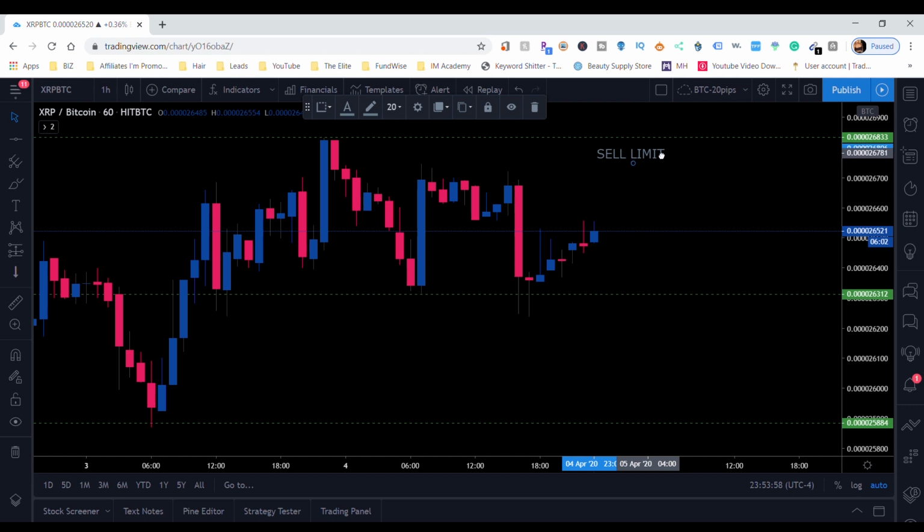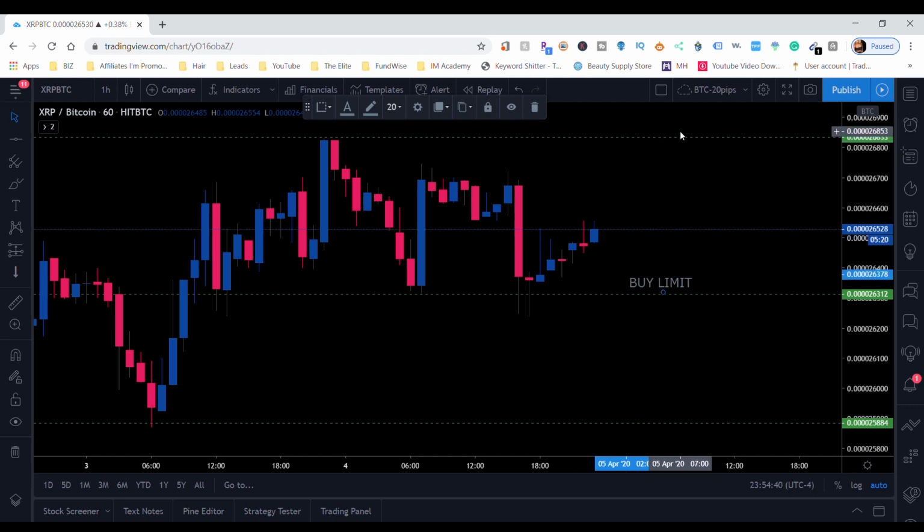If you wanted to put in a sell limit, you could put a sell limit at this green line right here. Price would have to go all the way up here to this green line, hit that line, and then go down. Sell goes down, buy goes up.